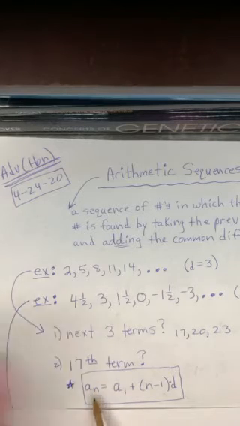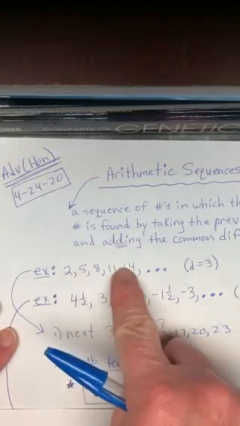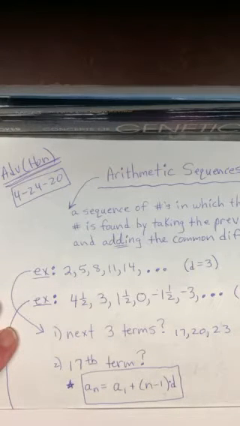So our n is 17. A sub 1 stands for the first term, and d represents the common difference, which in that first sequence we've already determined to be 3.